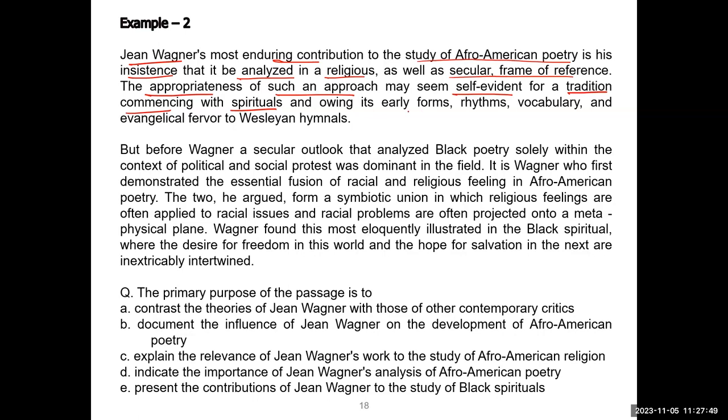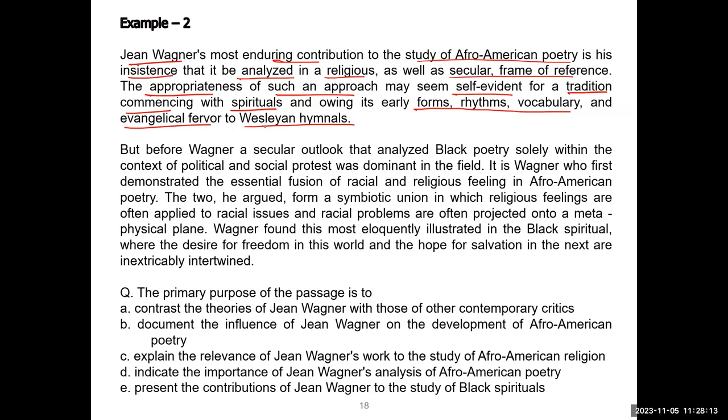And if you look at the forms, the rhythms, the vocabulary, the evangelical fervor, all these things that you see in Afro-American poetry, all of them come from Western hymnals. All of them come from hymns. Hymnals means hymns, songs in praise of God, religious songs.